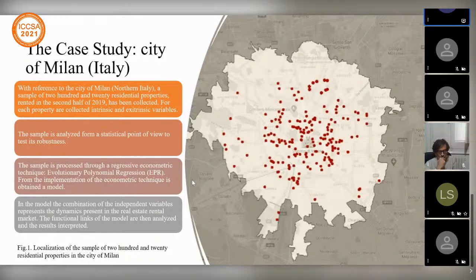The properties were selected spread over all the communal territory. And we applied the econometric technique to the database, and we found one model that expresses the dynamic present in the city.